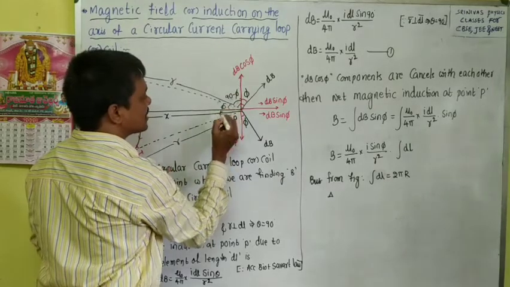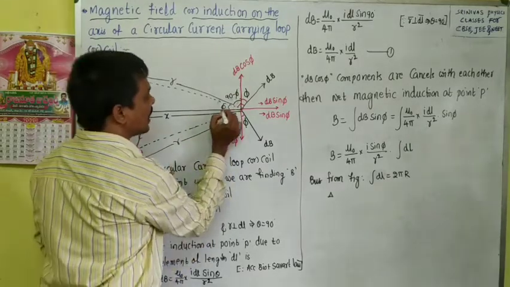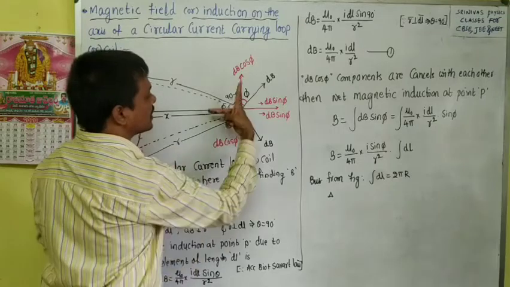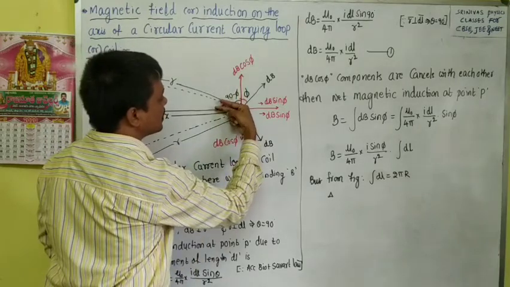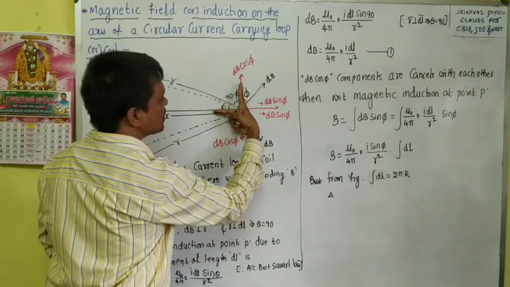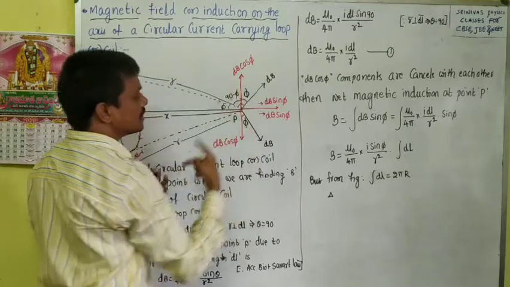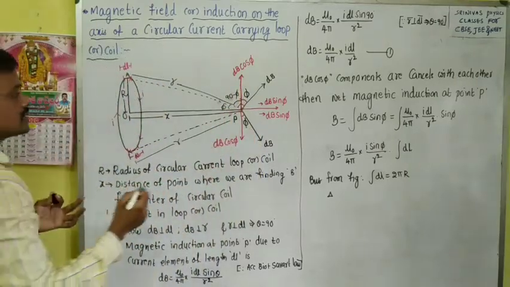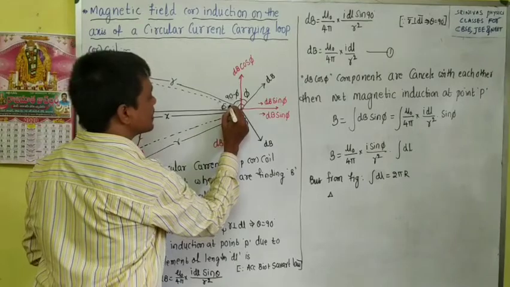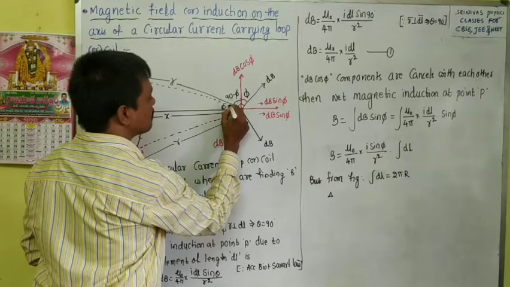When you write this as phi, what is the total angle here? This is phi, this is 90 minus phi; total is phi plus 90 minus phi, which is 90. So this angle from the figure is phi.